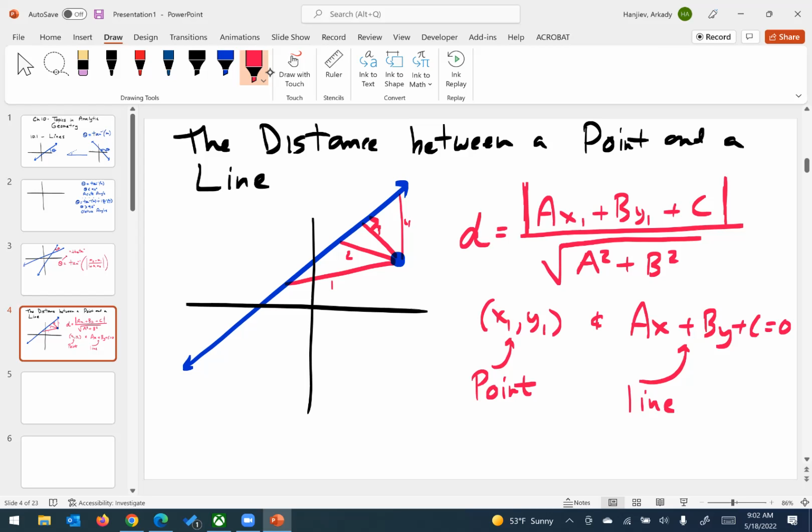When we get that, then we get ourselves our A, B, and C. Okay, the good thing is that's it. Those are the three things that we haven't covered in algebra so far. So it's the angle of inclination, the angle between two lines, and now this, the distance from a point to a line. Okay, let's try one here.